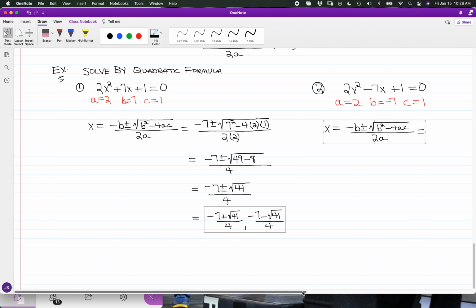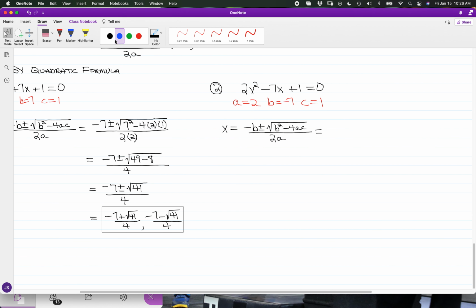So once again, just applying the substitution. We have negative b, so that's going to be the negative of b. And b is already at negative 7, so I'm going to be taking the opposite sign of negative 7. And I have plus or minus the square root.